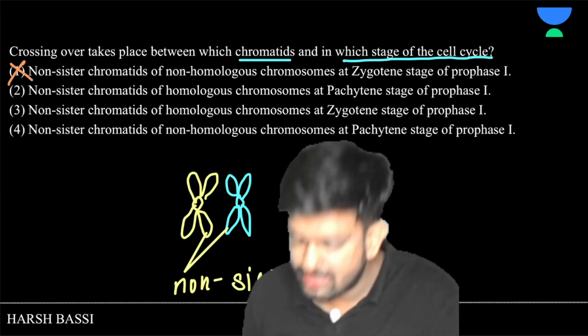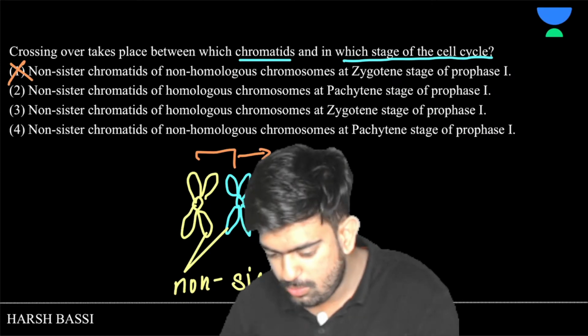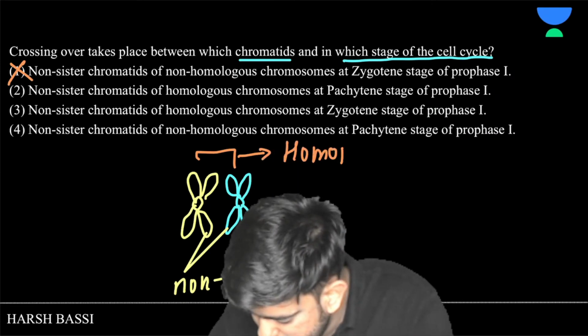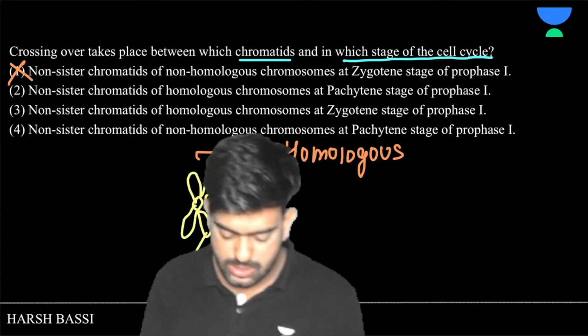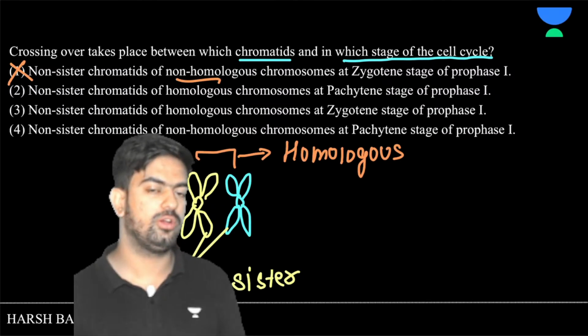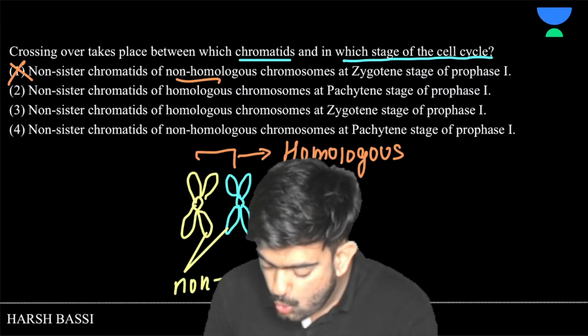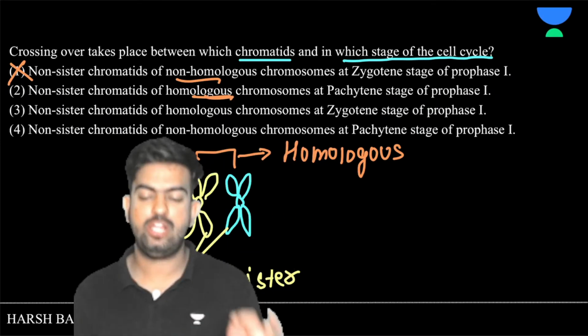They both are homologous chromosomes. So the first option is wrong. Next: non-sister chromatids of homologous chromosomes at pachytene stage of prophase 1.